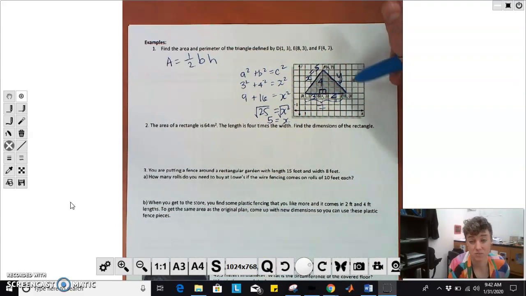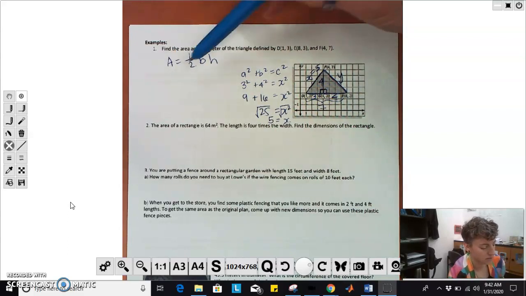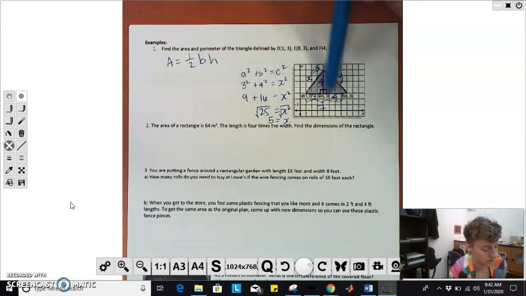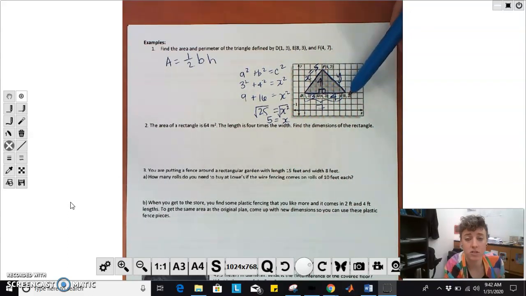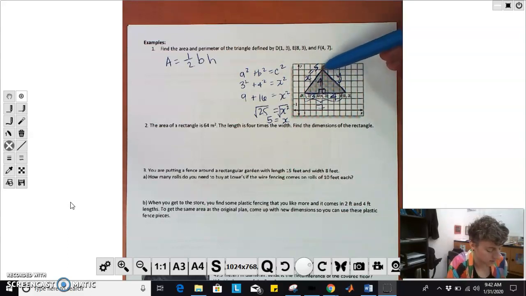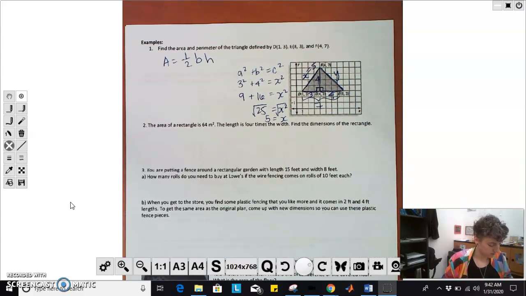You should get a decimal for that answer. So we've got area, 1/2 base times height. Base we know is 7. Height is 4. You're going to use the Pythagorean theorem to find the other side of the triangle, so you can add them all up to find the perimeter.